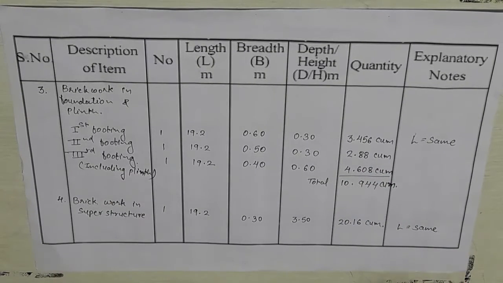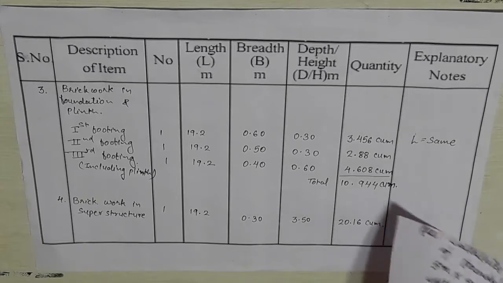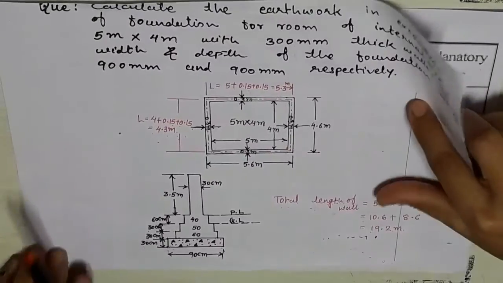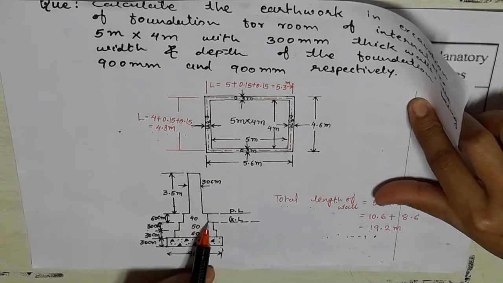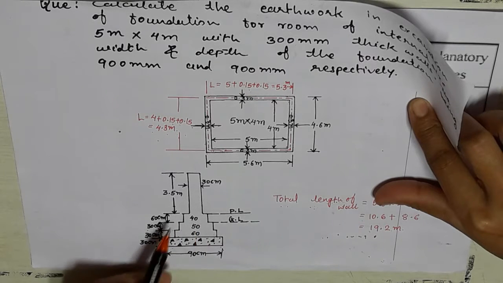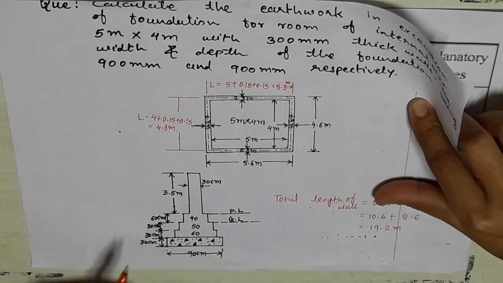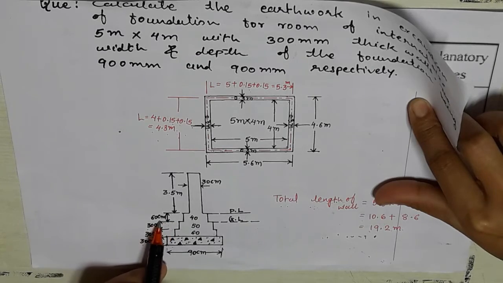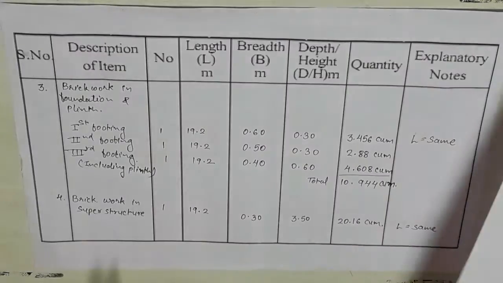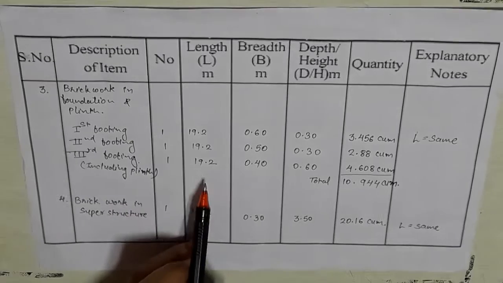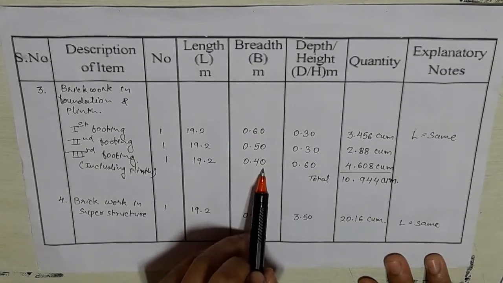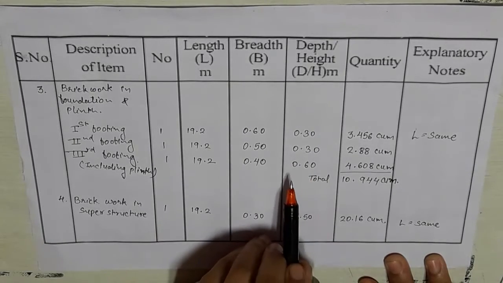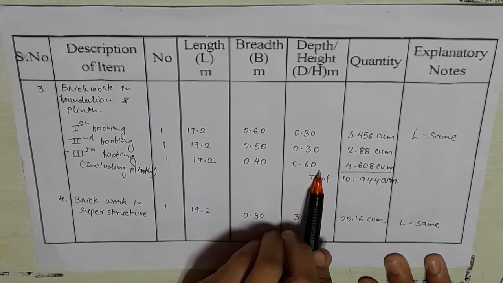Now for the third footing, this is the third footing. The breadth is 40 centimeter and the depth of this footing is 60 centimeter. So the length will be the same 19.2, breadth is 0.4 and the depth is 0.60 meter.